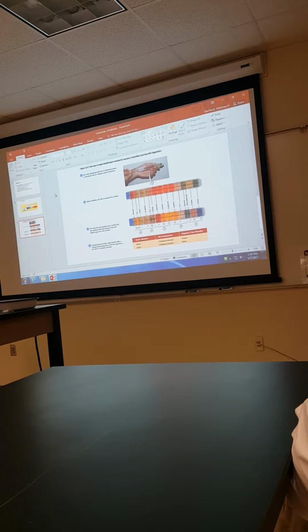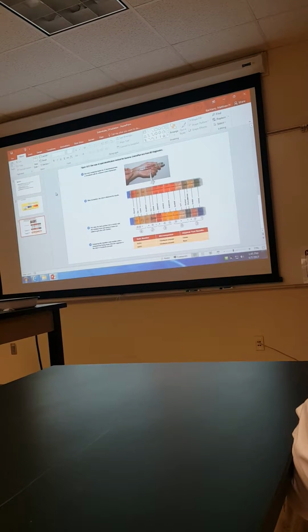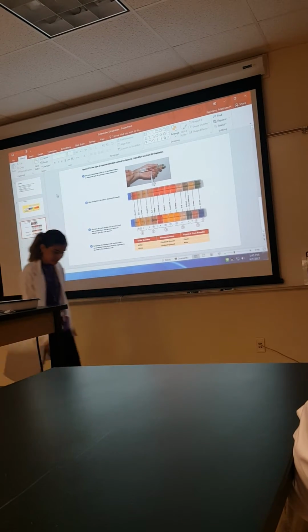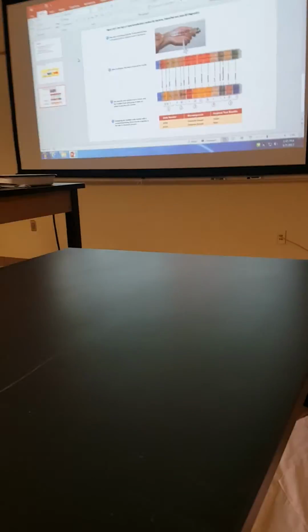Gram-negative rods? You're asking is it bacteria?